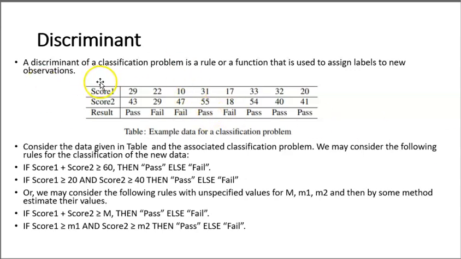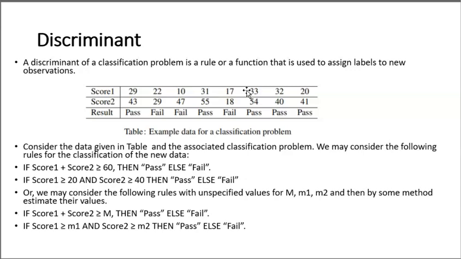Here there are different methods by which we can classify whether the student is pass or fail. One method is we can say score 1 plus score 2 should be greater than or equal to 60, then he will be pass. Or we can say for score 1 he has to score greater than 20 and for score 2 greater than or equal to 40. In that case also he will be pass, otherwise he will be fail.